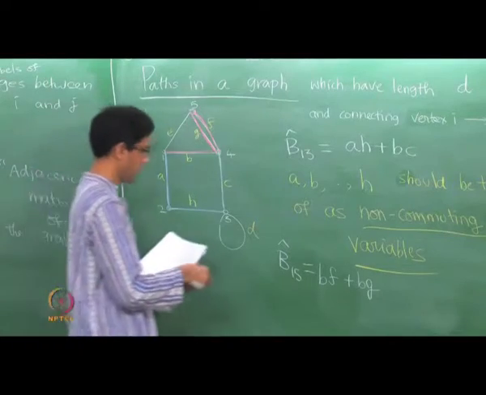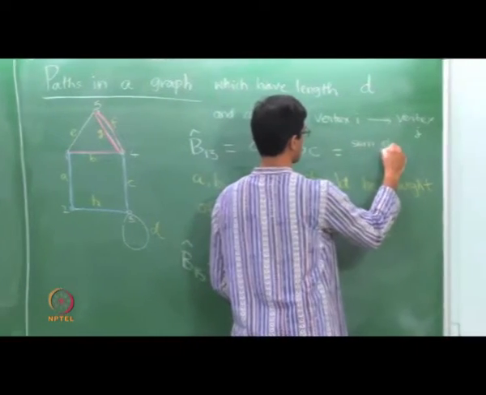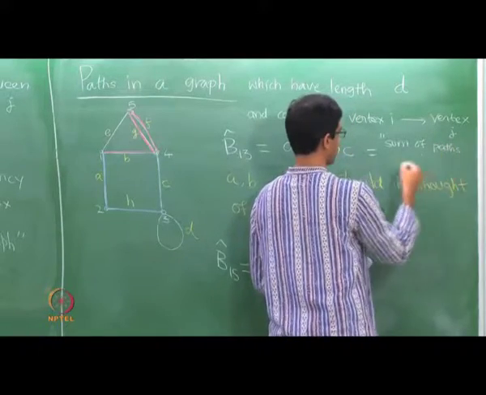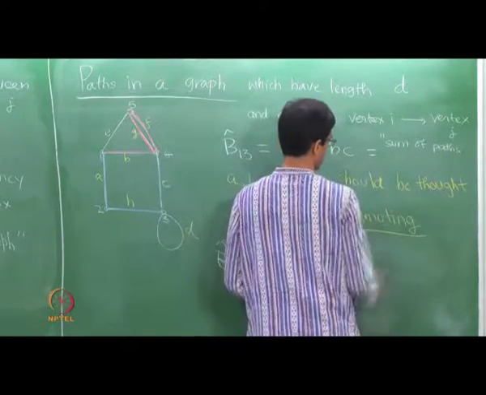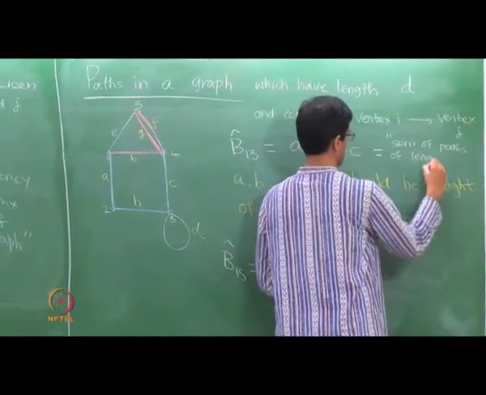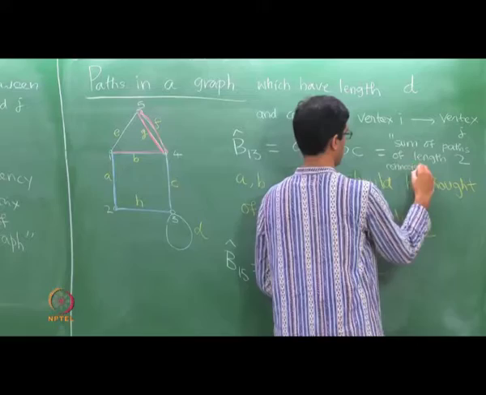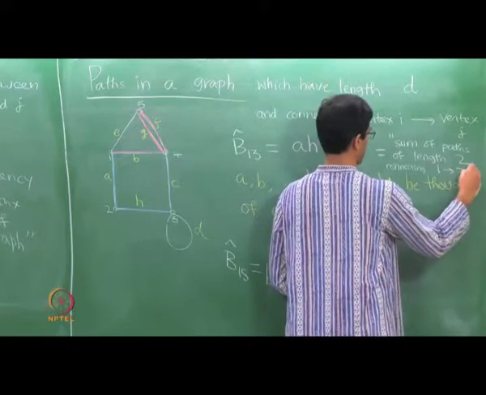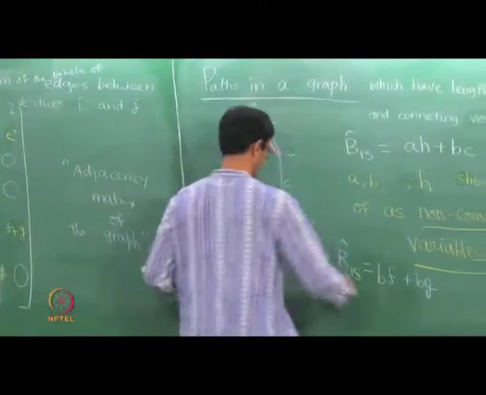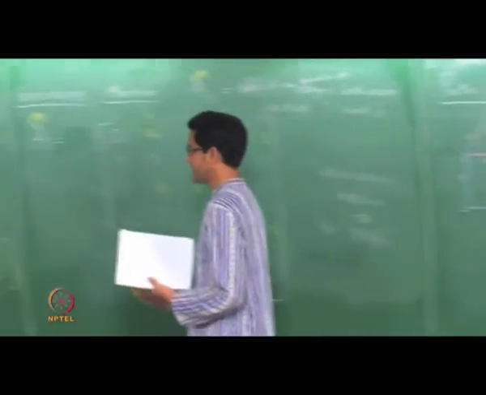Okay, so you should think of it as sum of paths, if you wish, or rather labels of paths of length 2 connecting vertex 1 to vertex 3, and similarly. Okay.